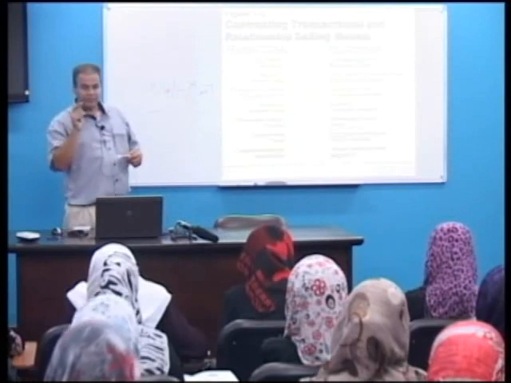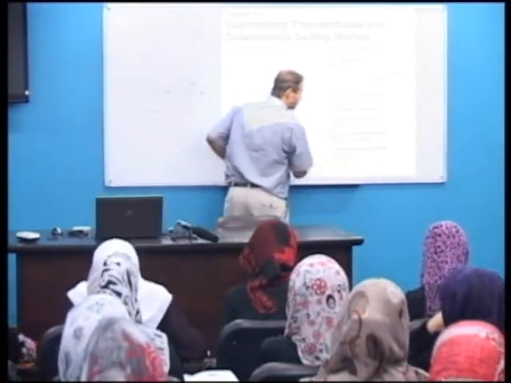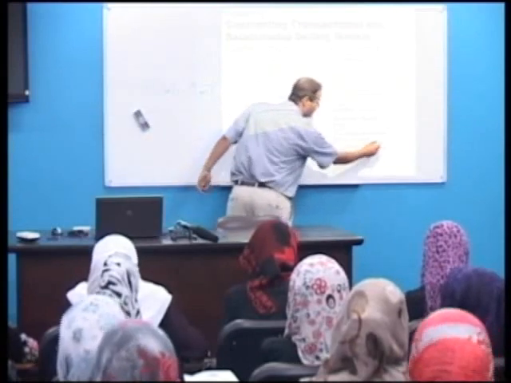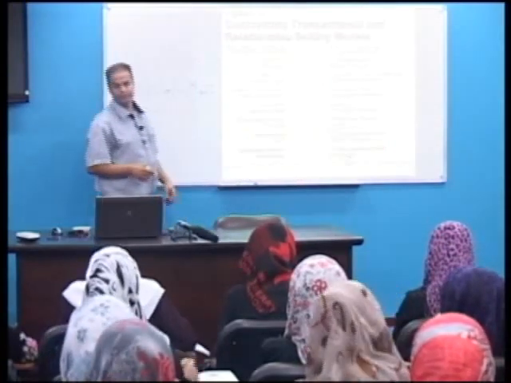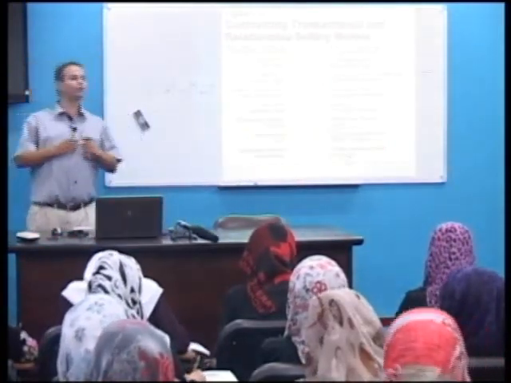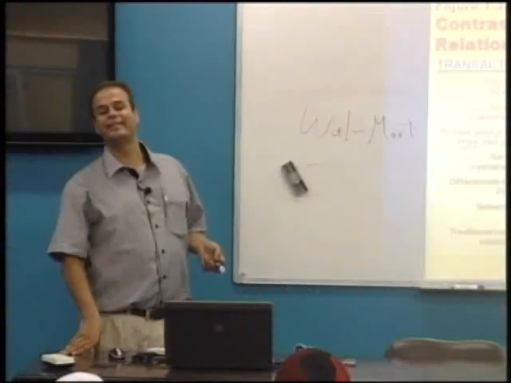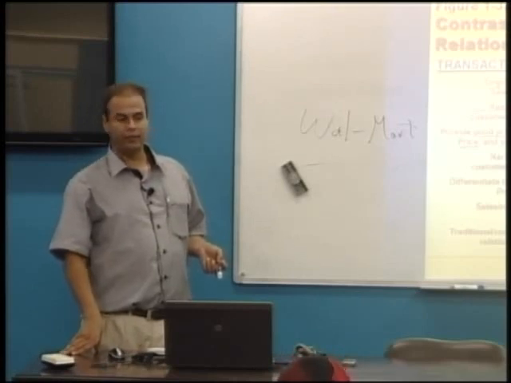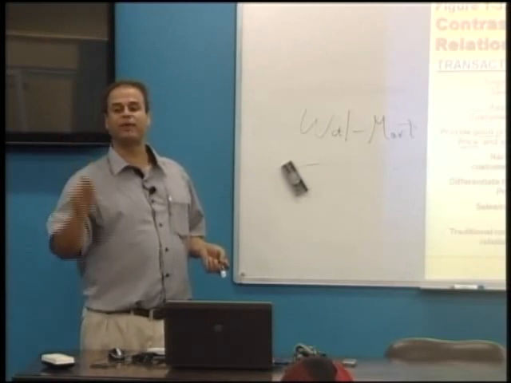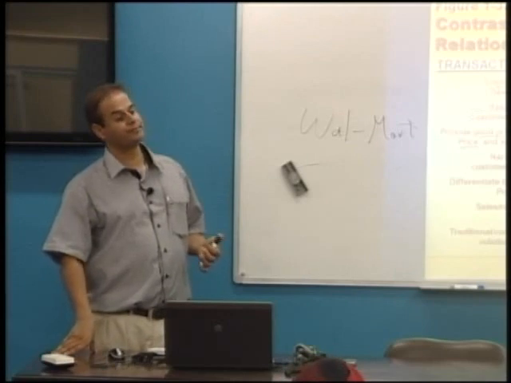Because of this, we are now talking about 3 models of selling. Number 1, transactional or traditional. Number 2, relationship. The relationship model itself is subdivided into advising relationship or partnership relationship.